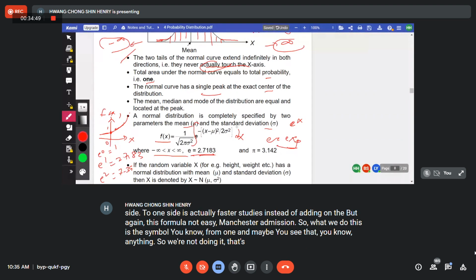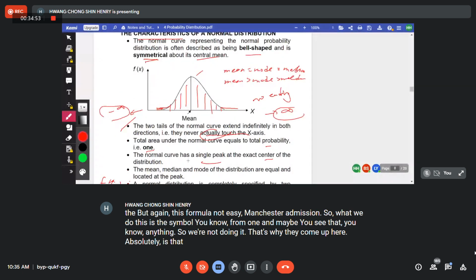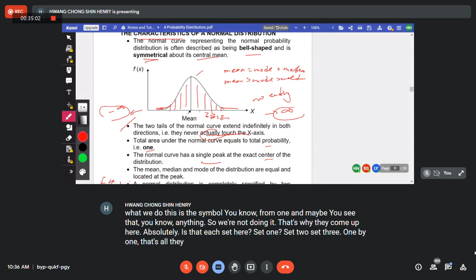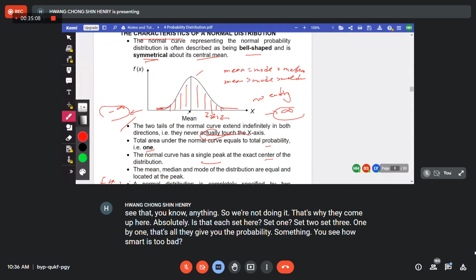That's why they come up with the table just now to represent each z here, z1, z2, z3, one by one the Z score, they give you the probability, 0 point something. You see how smart these two guys who created this normal curve. I'm not sure how old this table is. It can be many hundred years.